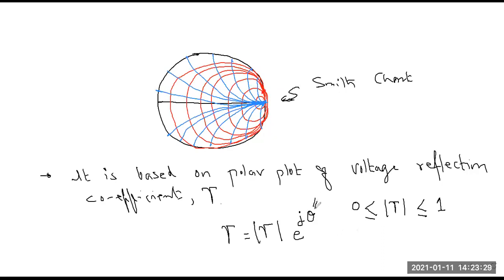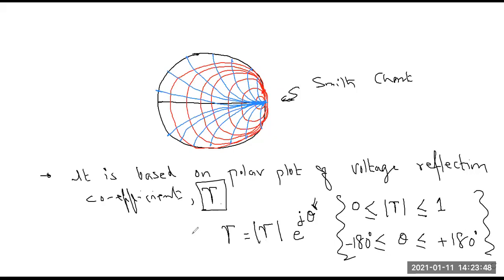Similarly, the phase can change from 0 to 360 degrees, or we can also say that phase can vary from minus 180 degrees to plus 180 degrees.